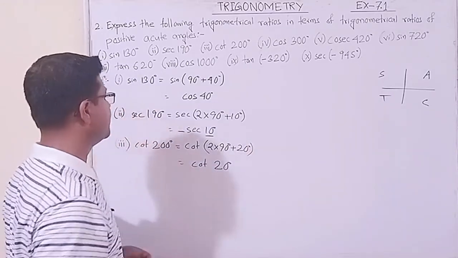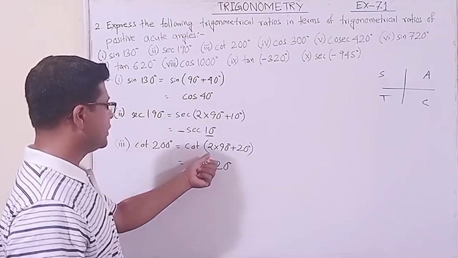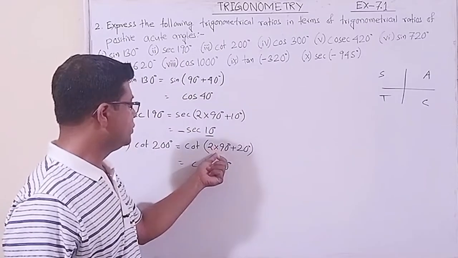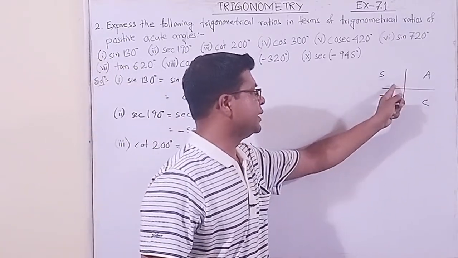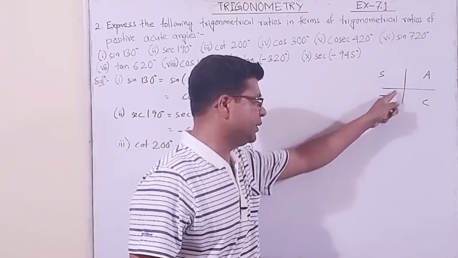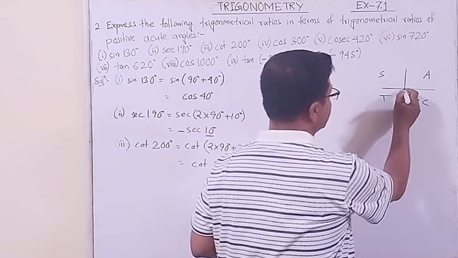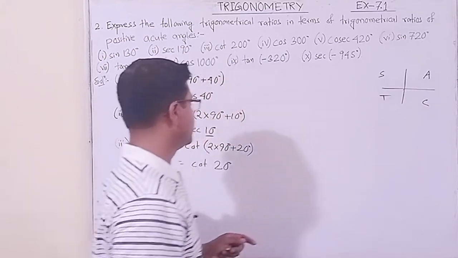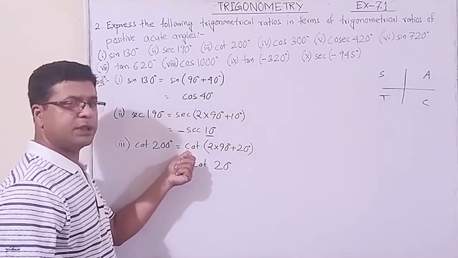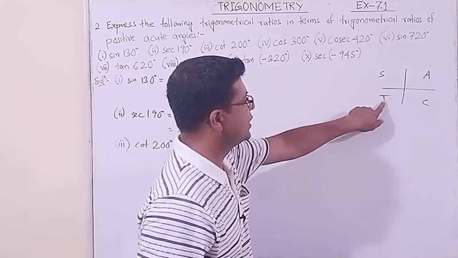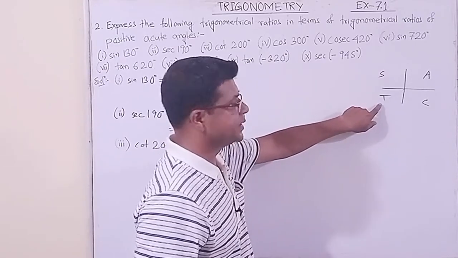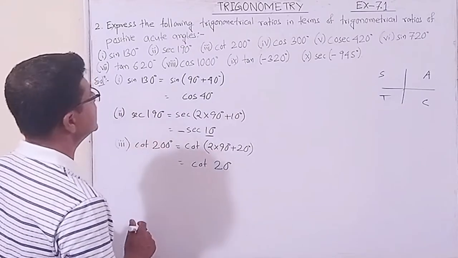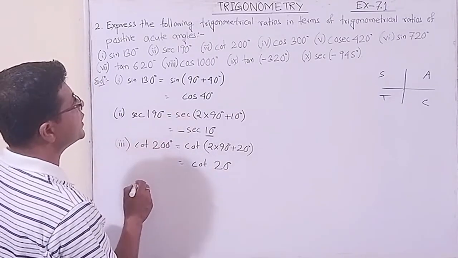Now about the sign, this is in which quadrant? 2 plus 1, third quadrant. How? 190, 290, then plus 20, it will be here only. If you want to draw the angle, it is like this, suppose. So it is in the third quadrant. In the third quadrant, is cot positive or negative? You see, in the third quadrant, tan is positive, and its reciprocal cot is also positive. Then let us move to number 4.